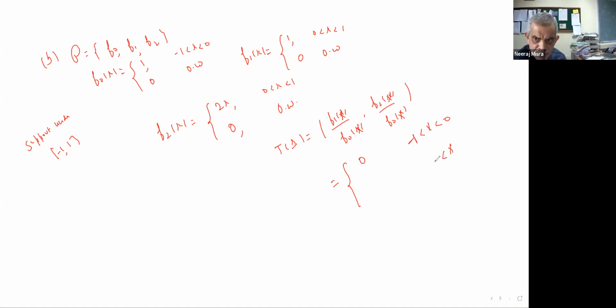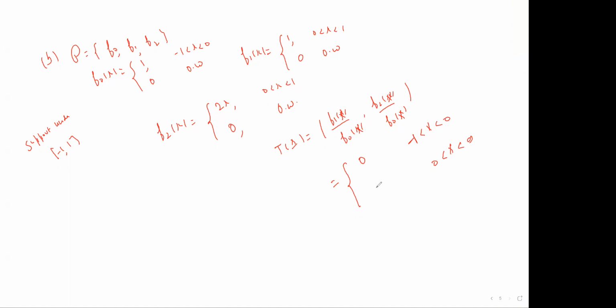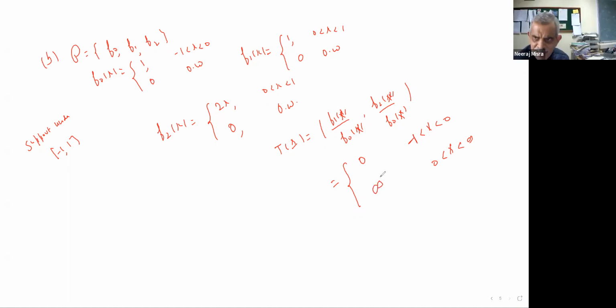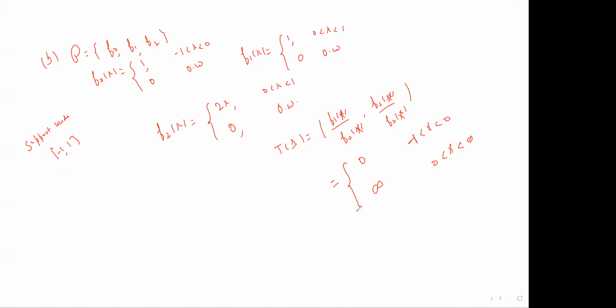And if x is between 0 and infinity, singletons I do not bother about because they are densities, so single points don't matter. What is this quantity? It is undefined, it is infinity. In the extended real value system, it is defined, 0 to infinity. So T(x) takes two values.